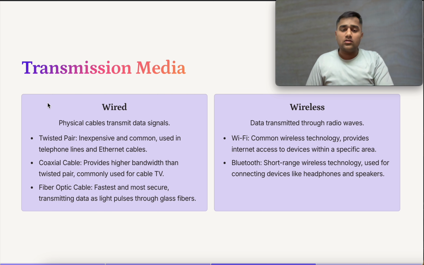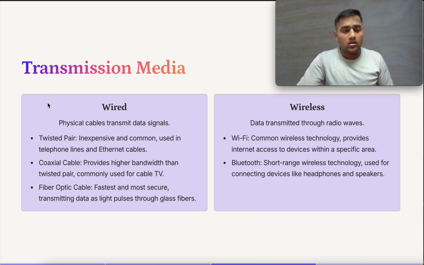So the summary is, transmission media is of two types: wired and wireless. Wired means you are using wires, optical fiber or LAN, and wireless means transmission of data without the help of any wire. Example of wired is optical fiber. Example of wireless is Wi-Fi, Bluetooth.